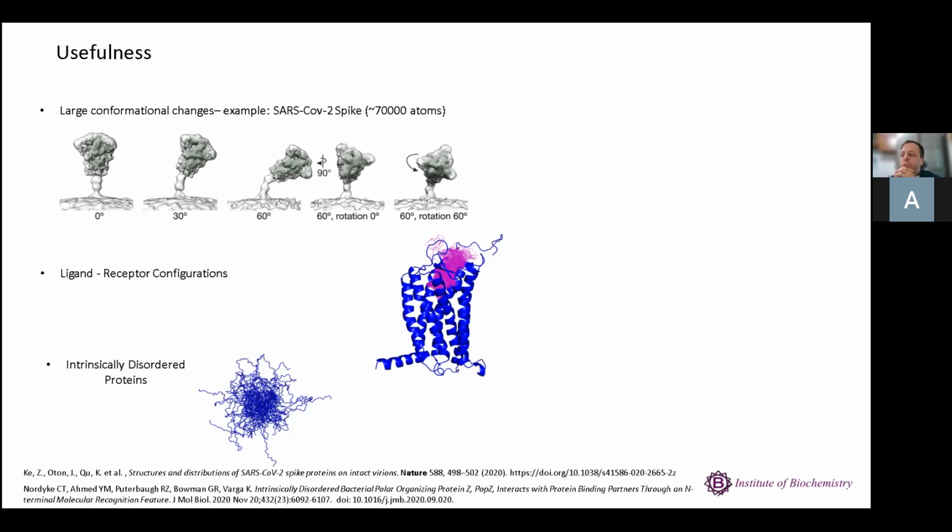And I put a few examples here. The first example is the spike protein of SARS-CoV-2, and I guess everybody knows that it's sitting like a tree or like a mushroom on the virus, just trying to fish and pick up the ligand.